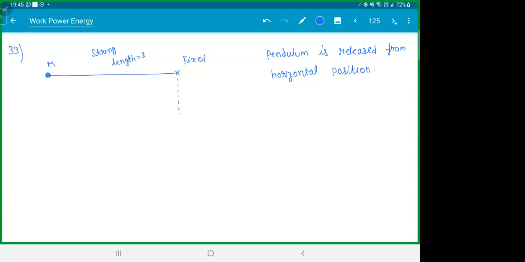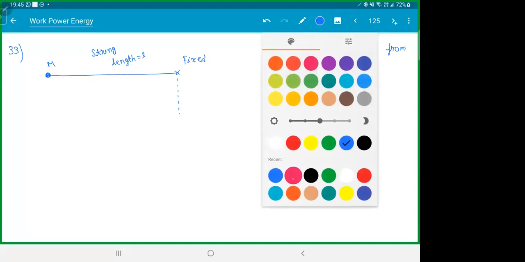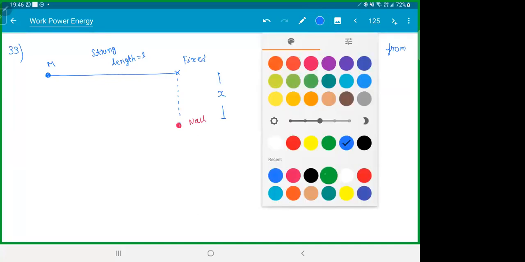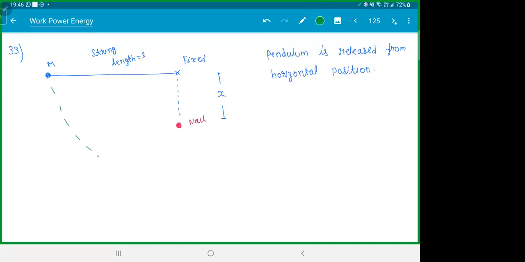Just below this fixed point, someone kept a nail here at a distance x. So when you leave this pendulum here, this will swing, and when it hits the nail, it starts rotating about the nail.